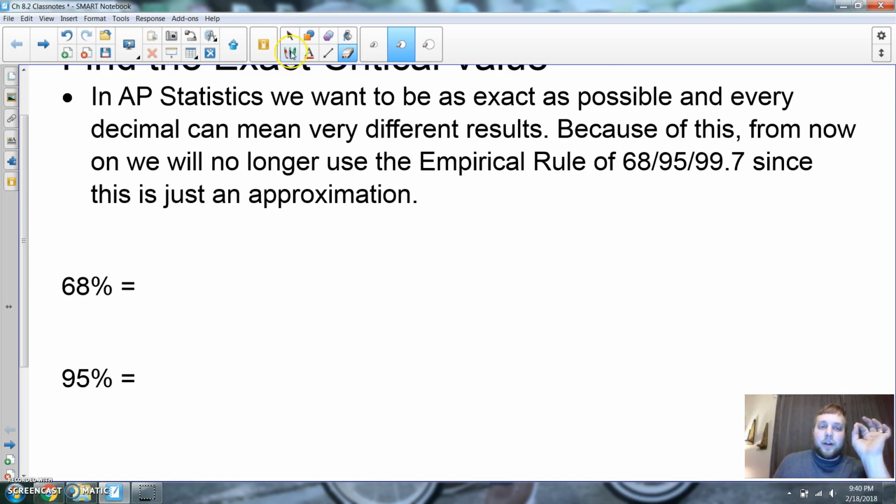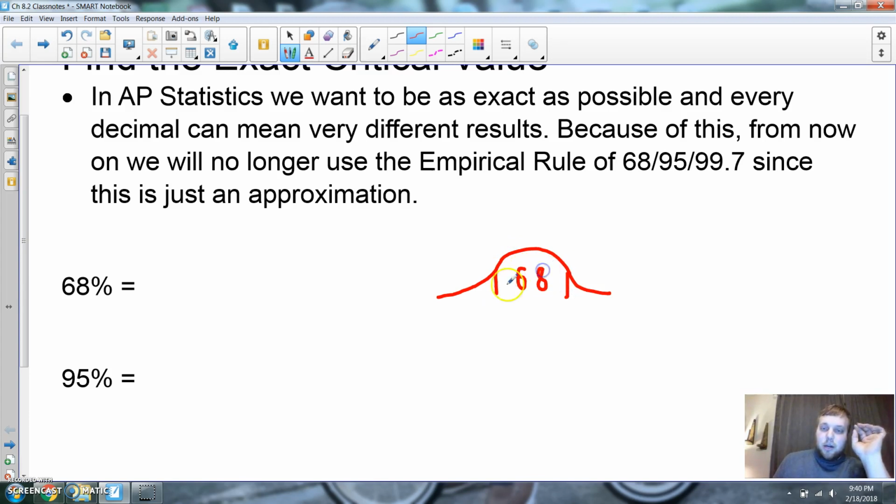So how can we figure out the exact 68%? Well, let's just think this through. So 68% of my data is in here in the middle. How much data is just over here? Because I could probably look that up on the chart.